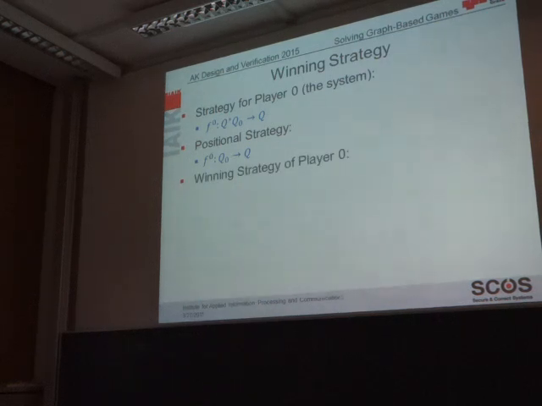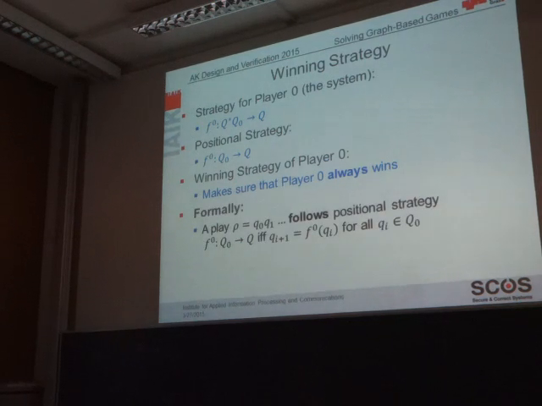Now we can say that a positional strategy for player 0 is winning for player 0 if intuitively this strategy makes sure that we always win the game, no matter how the other evil guy moves. More formally, we could say that a certain play follows a positional strategy if whenever this play is in a state that belongs to player 0, then the next state is chosen by applying the strategy to the current state in which we are.